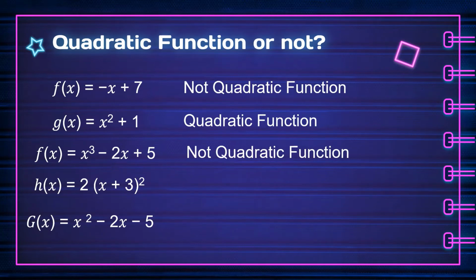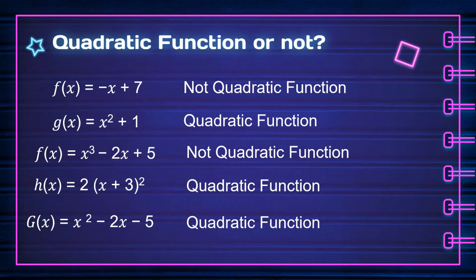Is it a quadratic function? Correct. So this is written in vertex form. So it is a quadratic function. How about if we have g of x is equal to x squared minus 2x minus 5? Is it a quadratic function? Yes, it is a quadratic function since the degree is 2.